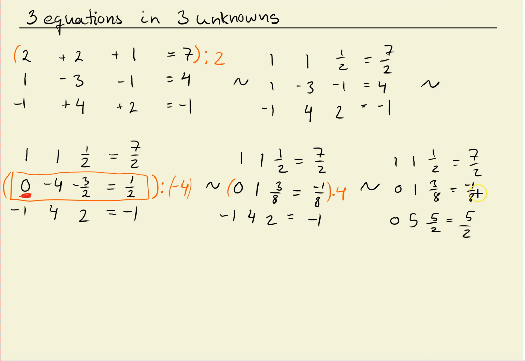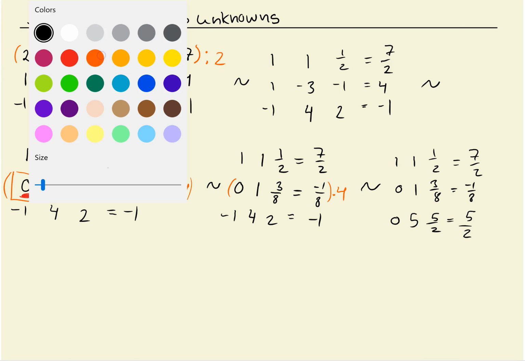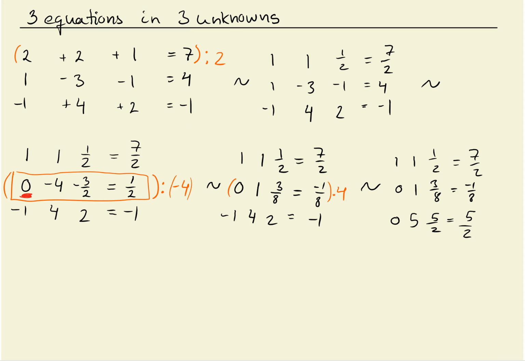So obviously what I need to do is multiply this by 5, because then I'll obtain a 5 here that I can then subtract from this 5 down here and provide another 0.